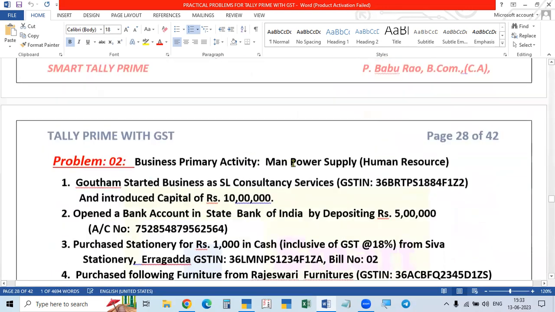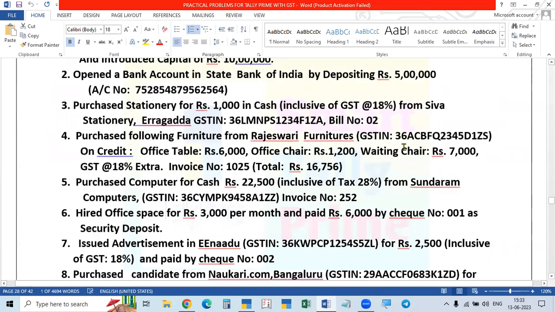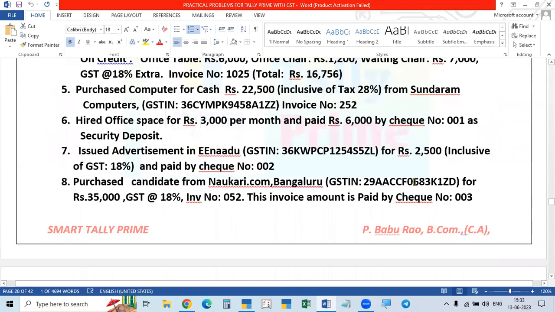Here you see, GL Consultancy Company, the name is company, but here Gautam started, and the 4th one is P. P means person, means individual, a sole proprietorship concern. Here Rajeshwari Furniture, the 4th one is F. F means firm, a partnership firm. Naukri.com is C, it is a company. So C means company, P means person or sole proprietor, F means firm. Like this it will indicate.